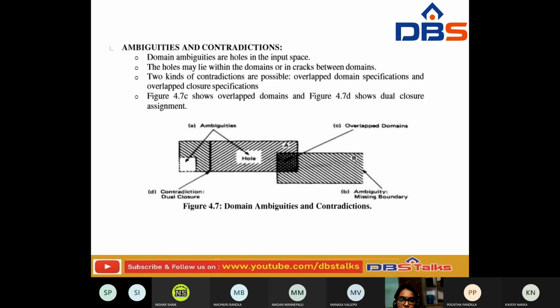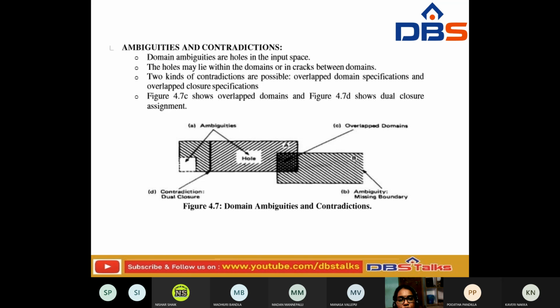Why is that so? If we have holes in the input space, and the holes may lie within the domains or in the cracks between the domains, then we have two types of contradictions: overlapped domain specifications and overlapped closure specifications.